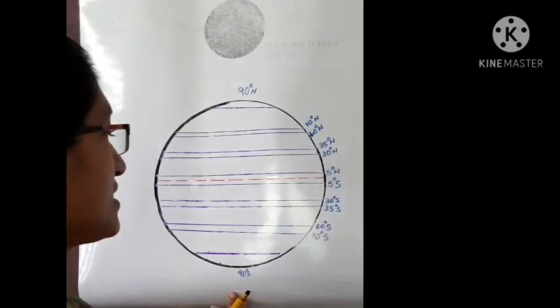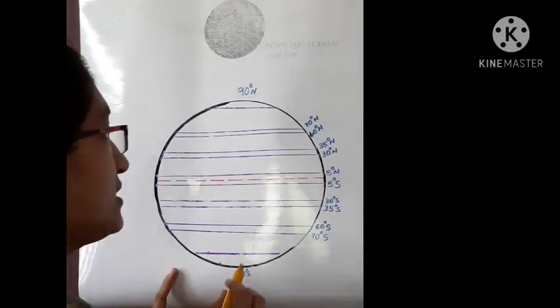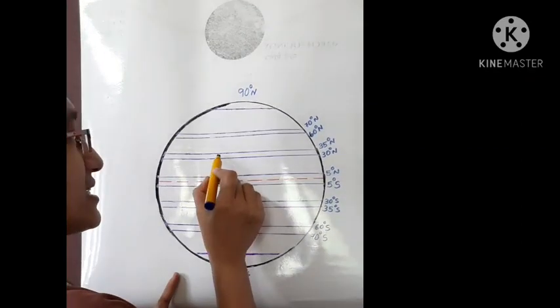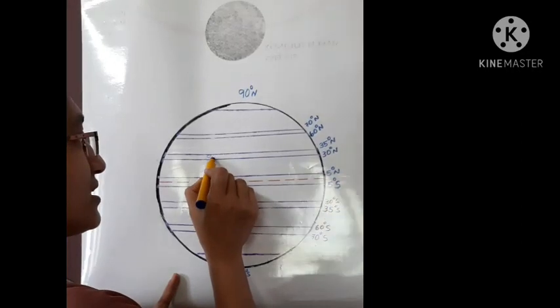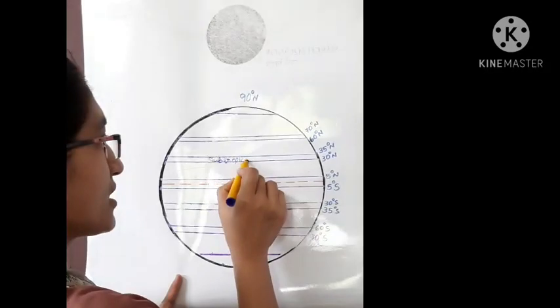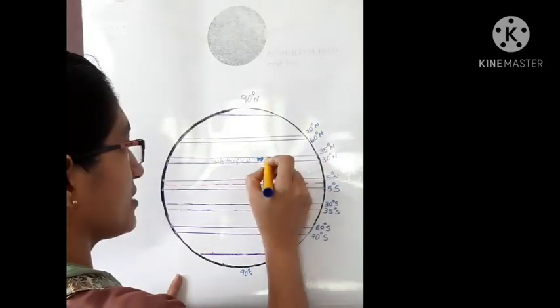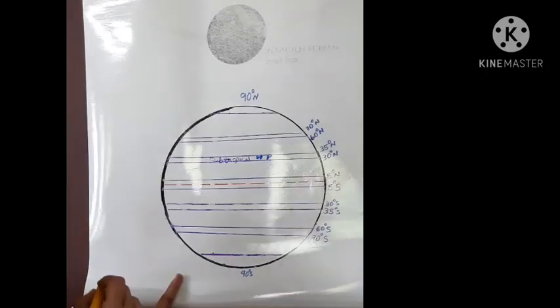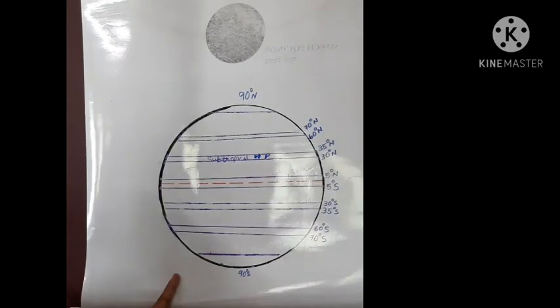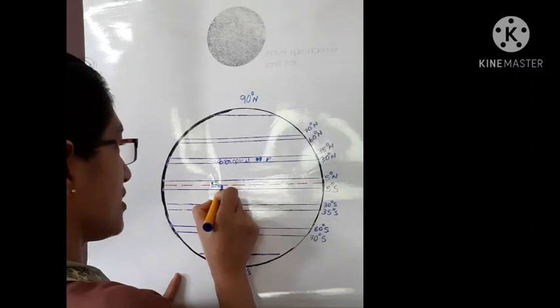The planetary winds move from high pressure belts to low pressure belts. Here the high pressure belt exists in the subtropical region. From the subtropical high pressure belt, the wind moves towards the equator, which is the equatorial low pressure belt.